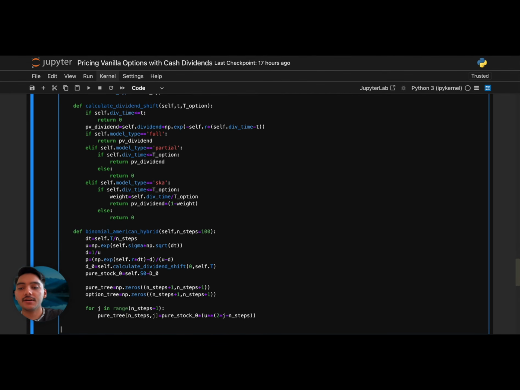So it will be D_T, which will be equal to self.calculate dividend shift, self.T and self.T.